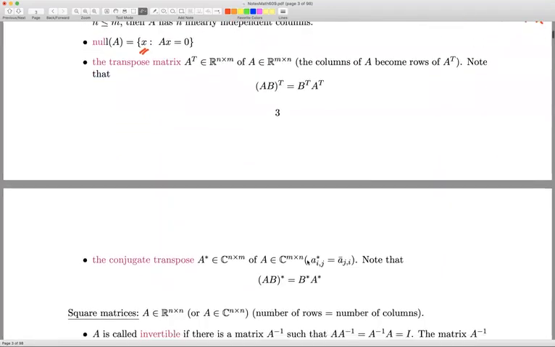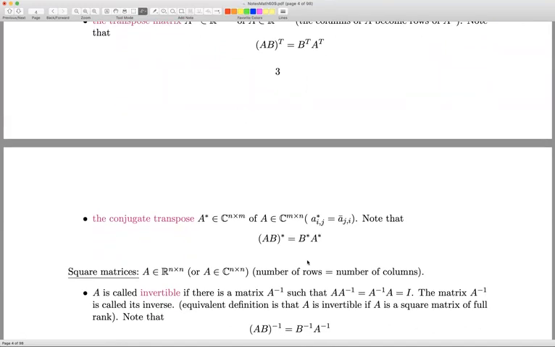And the conjugate transpose, if A is a matrix of dimension m times n with complex entries, then A star is also a matrix with complex entries, but now it will have n rows and m columns.